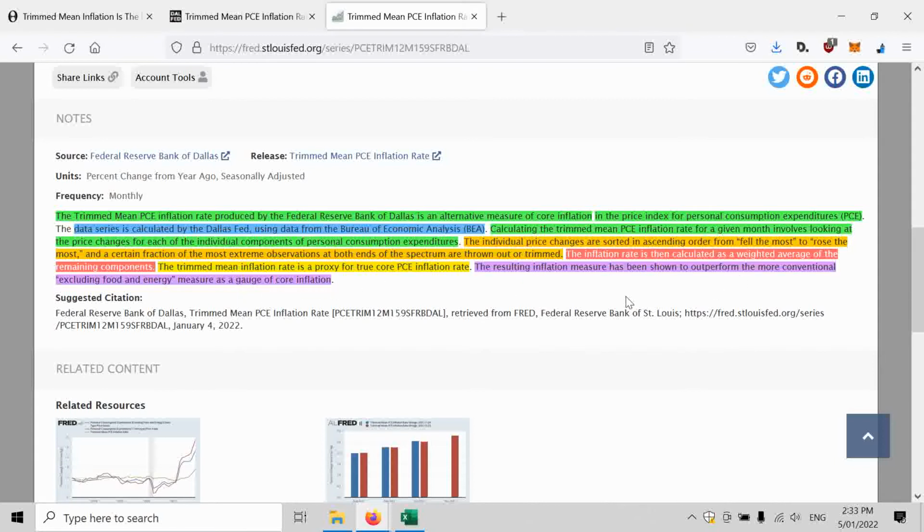So according to them, this one is a better indicator in gauging core inflation. And I will show you shortly that they are actually still excluding food and energy from calculating this PCE or trimmed PCE as well. So this statement is not quite accurate.